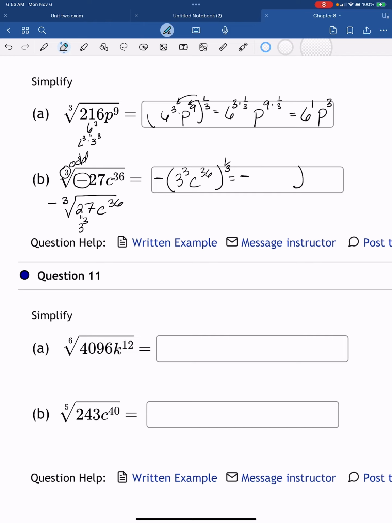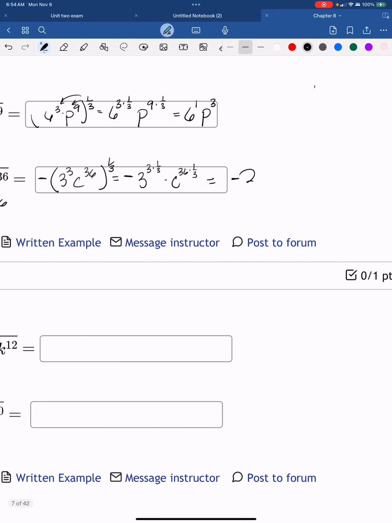So I have 3 to the 3rd times 1/3 times C to the 36 times 1/3, and that equals negative 3, since this is equal to 1, and then this is equal to 12. So C to the 12. Sorry about that grumbling sound.